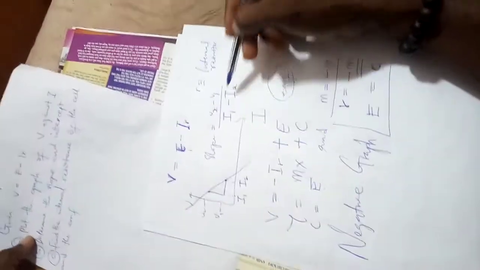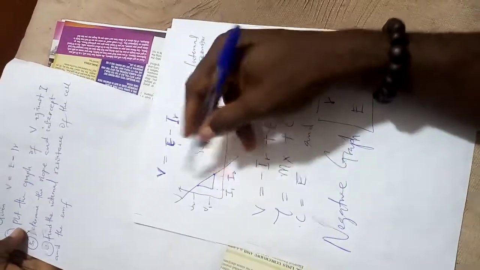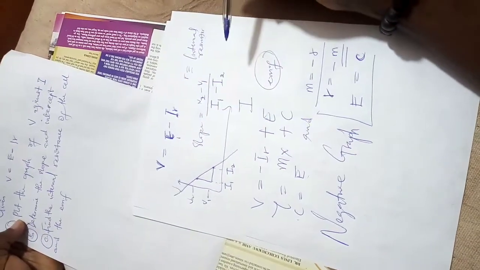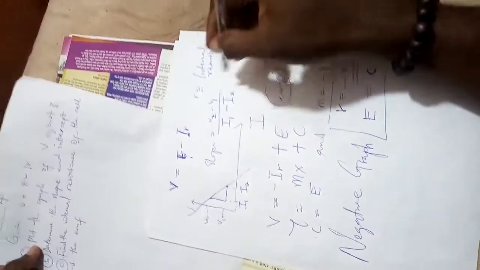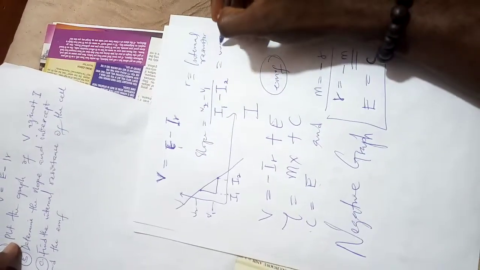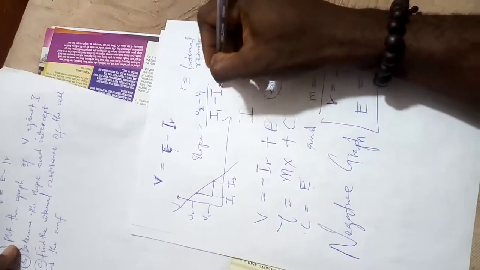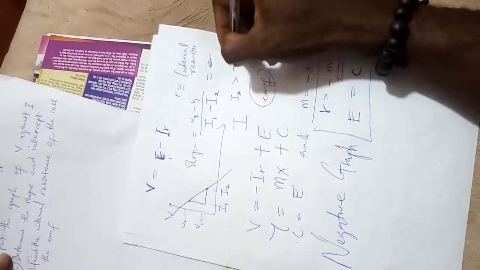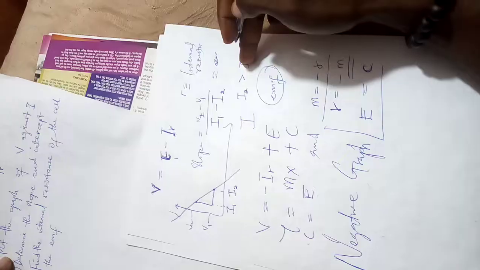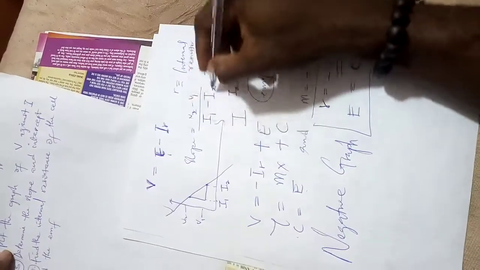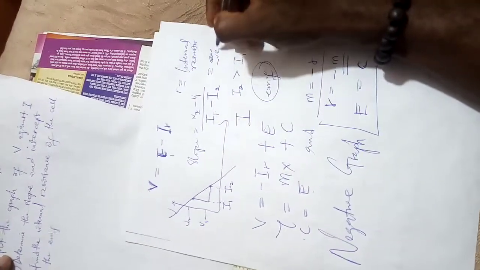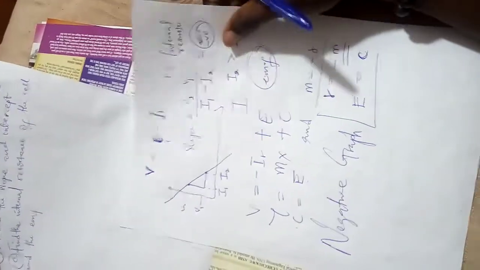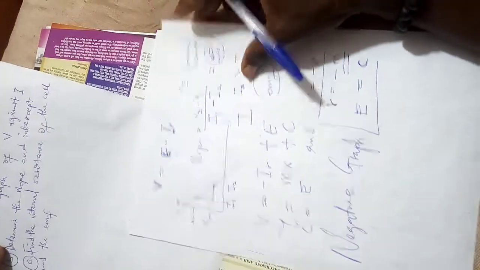Instead of I2 minus I1, we are writing I1 minus I2 because of the pattern of the slope on the graph. So the value will be negative, because I2 is greater than I1. If you subtract I1 minus I2, the denominator is a negative value, making the slope negative. Alright guys, this is where we are going to stop for the lecture.